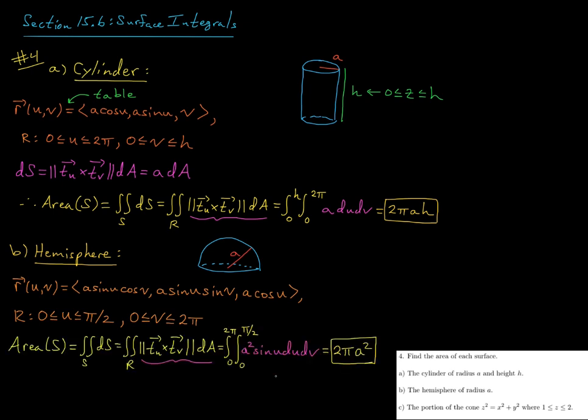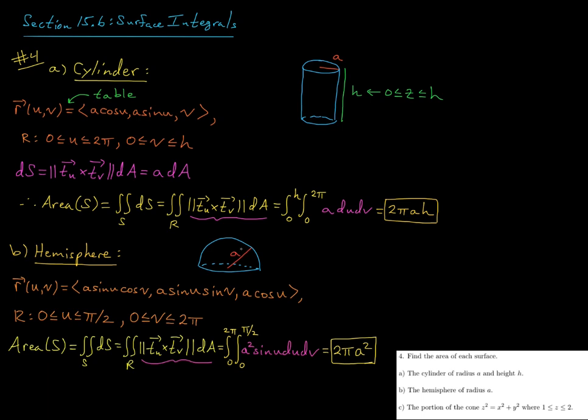All right, so again, from the table, we derive that the magnitude of this cross product vector was a squared sine u. So again, you can just quote that, and then we have our bounds for u and v, and a pretty simple integral again. You wind up getting 2 pi a squared, which is in agreement with the formula for the surface area of a sphere.